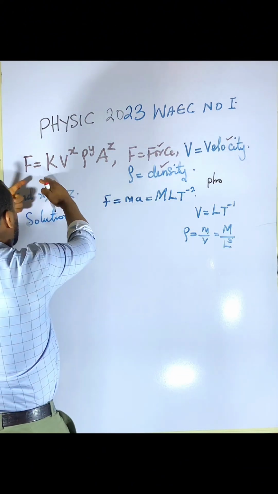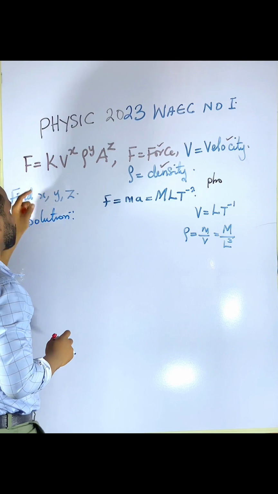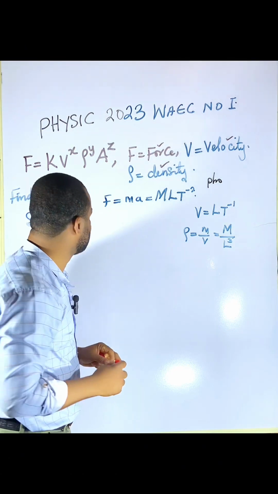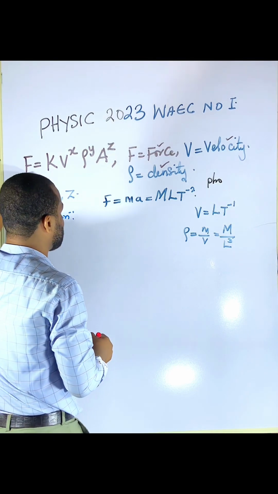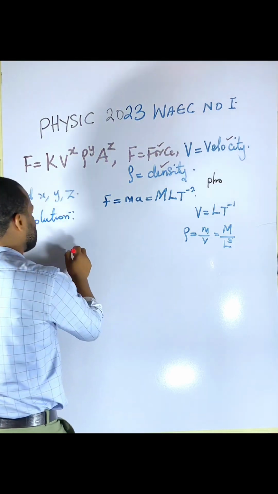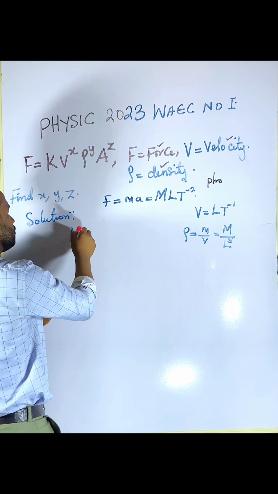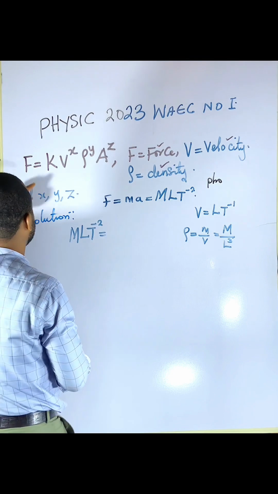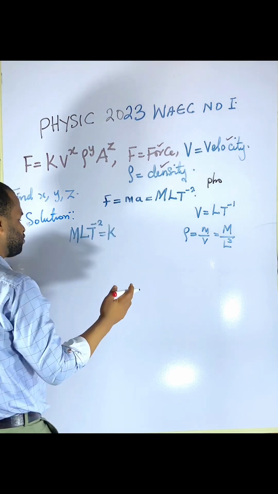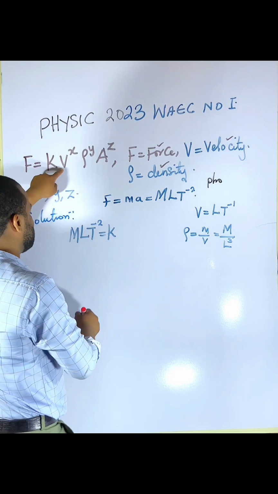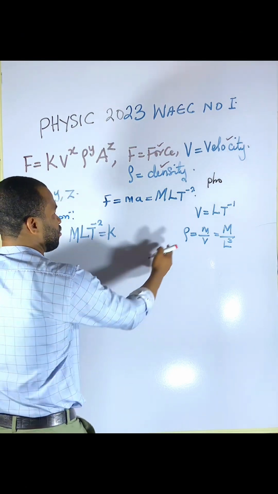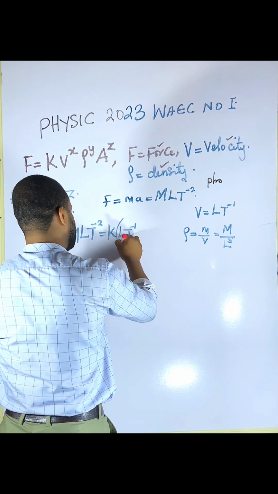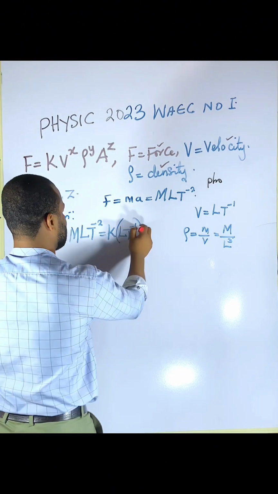Now I'm going to put all of them here. Remember, K is a constant. It is dimensionless, which means it does not have a dimension. So in place of F, I am putting MLT^-2, equal to K, which has no dimension, times V, which has a dimension of LT^-1, raised to power x.